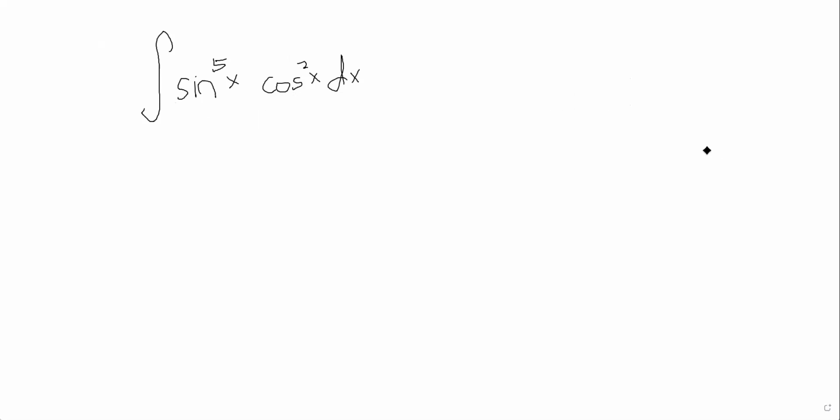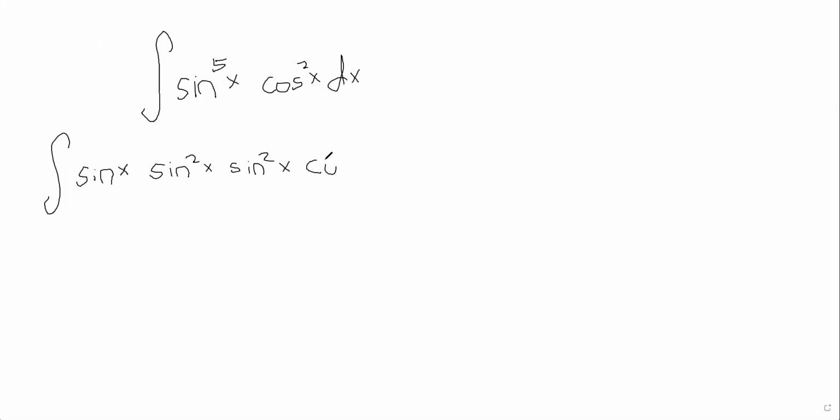Oh, well, in that case, first step, I would rewrite it as like sine squared x times sine squared x times sine x. And then I'm pretty sure you could already just replace cosine squared x with 1 minus sine squared x.